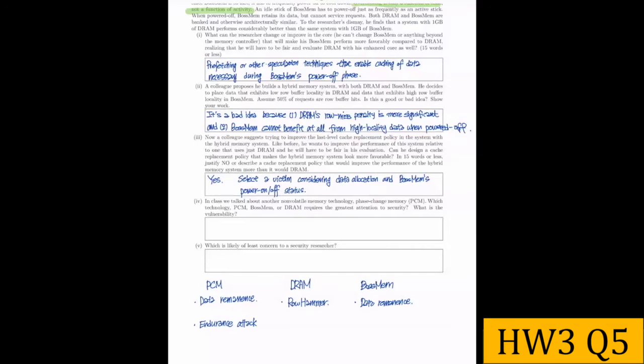So basically these questions 4 and 5 are open-ended questions. So you would get full credit if you reasonably explain your thoughts based on this kind of analysis of the security vulnerabilities of each memory technology.